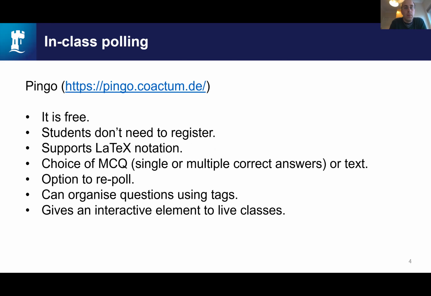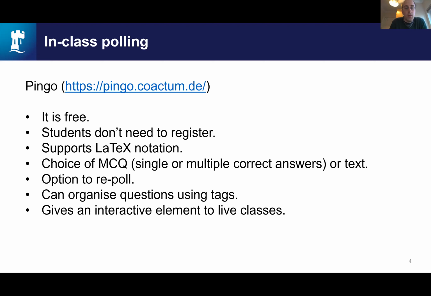When I was doing in-class polling, the platform I was using was Pingo, which is another polling system. I would generally ask 2, 3, 4, 5 questions at the beginning of a live session, just to check that they'd watched the videos and digested the key important things.